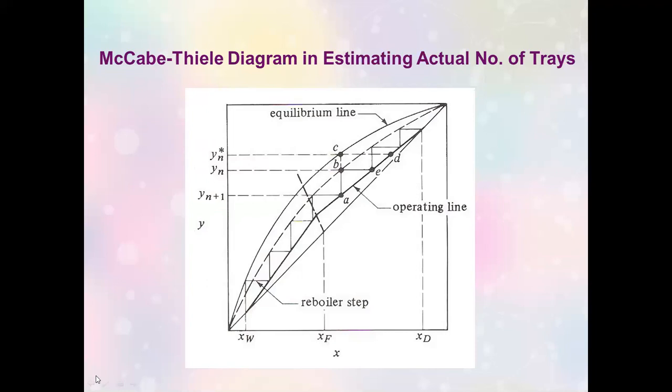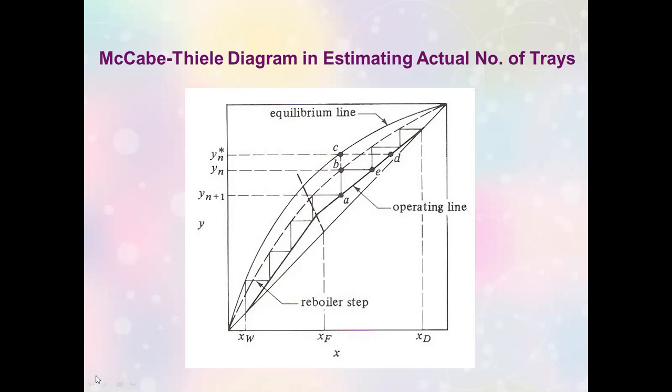Okay, sige. So it's not clear. Actually, we determine the pinch point. When we determine the pinch point, it's the intersection of your feed line and the equilibrium curve, right? But we're not provided with the equation of the curve because anyway, it's a curve, it's not a line. It's difficult to find the intersection of the curve with a line.